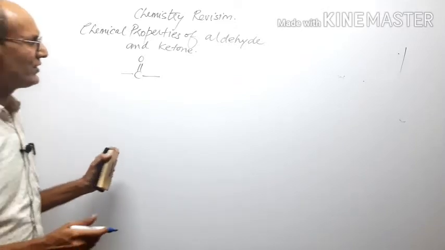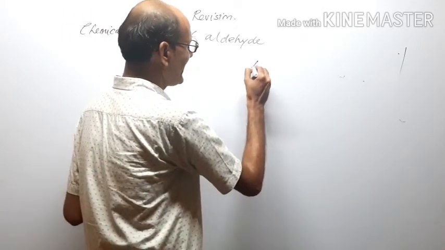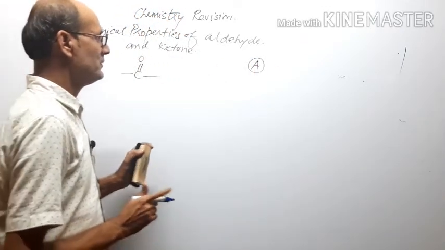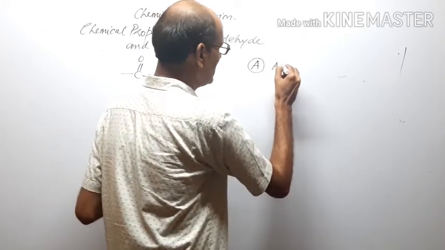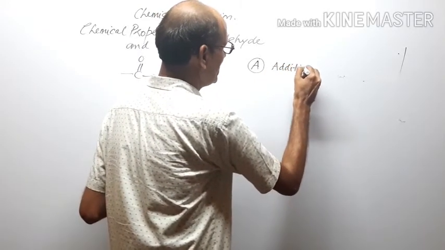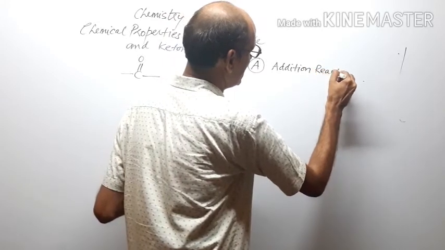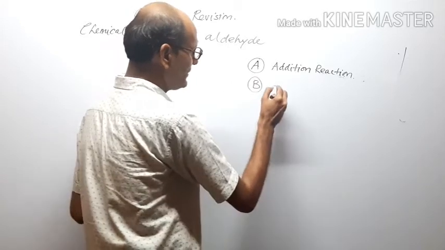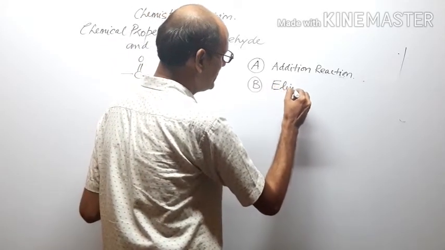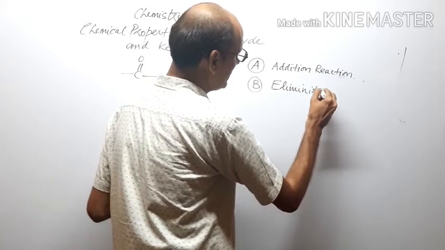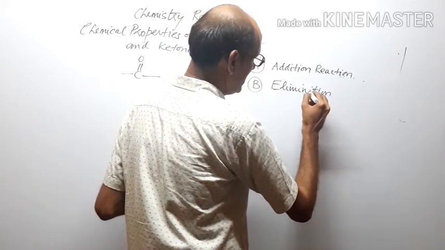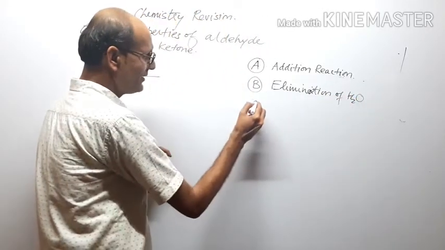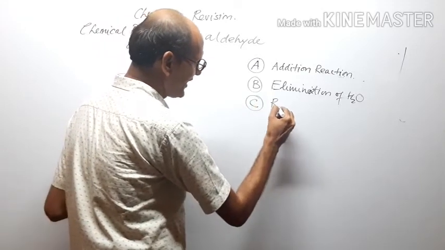The first type of reaction which aldehyde and ketone can show is addition reaction. Second type of reaction, elimination of water. Third is reduction reaction.